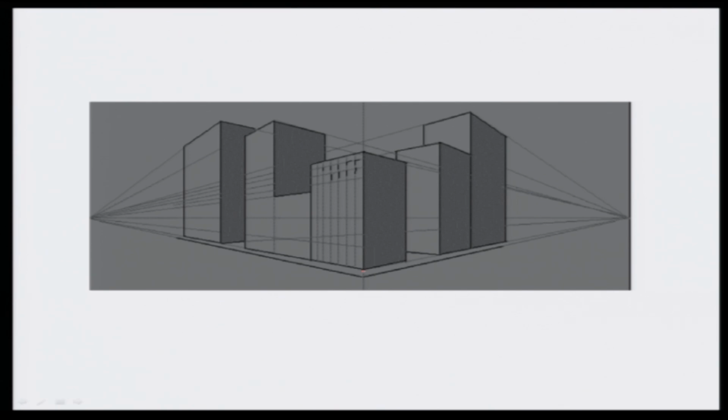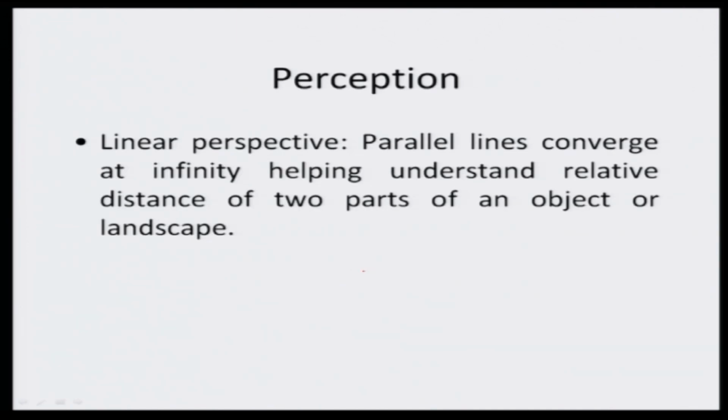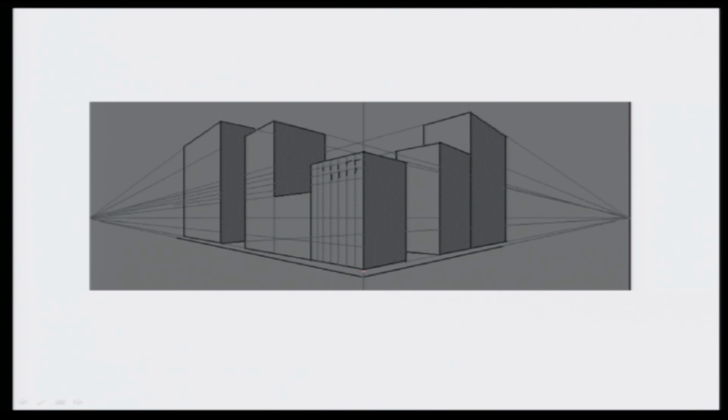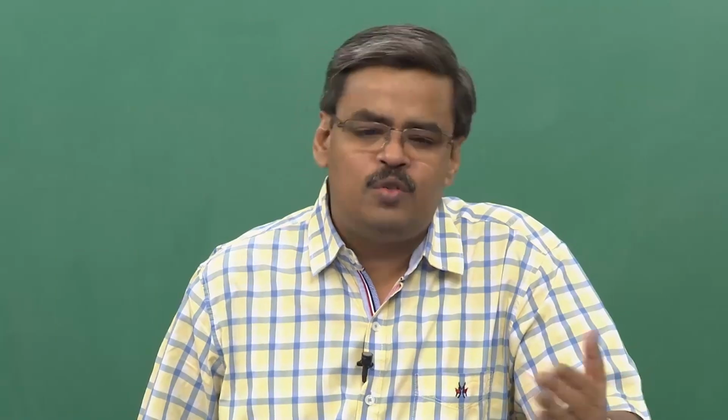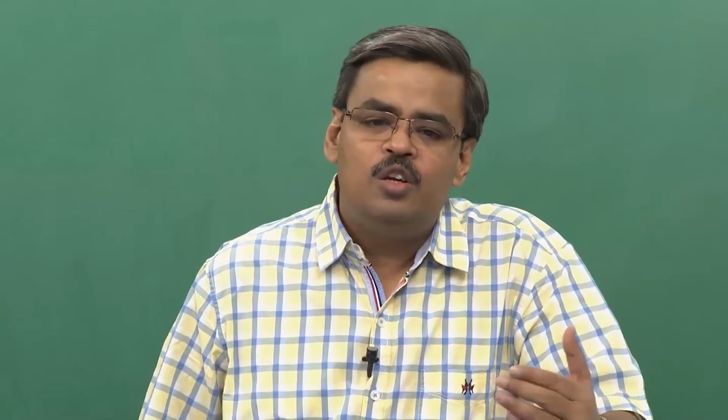This is what is meant by linear perspective. The convergence of the lines helps you understand your position and the position of the objects in your landscape, and accordingly these monocular cues help you understand the shape, the size, and of course, depending on brightness and contrast, the distance of the object from yourself.